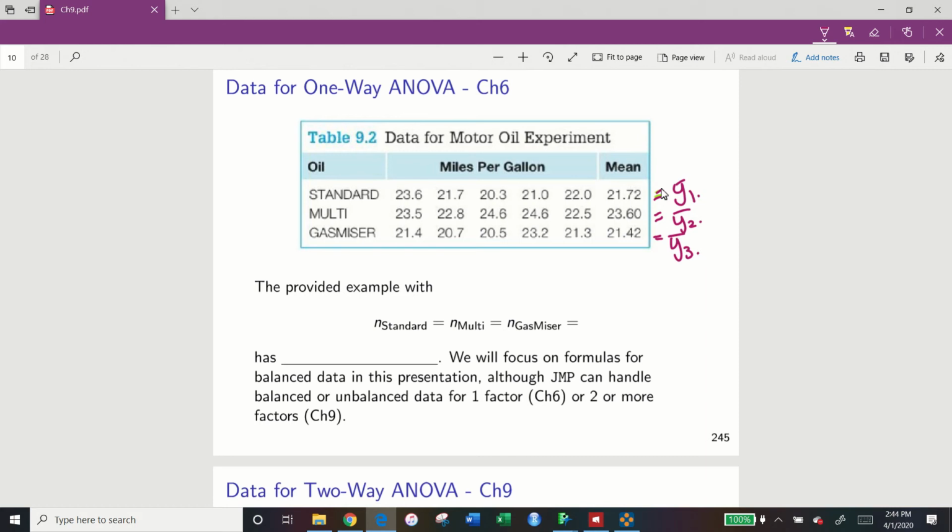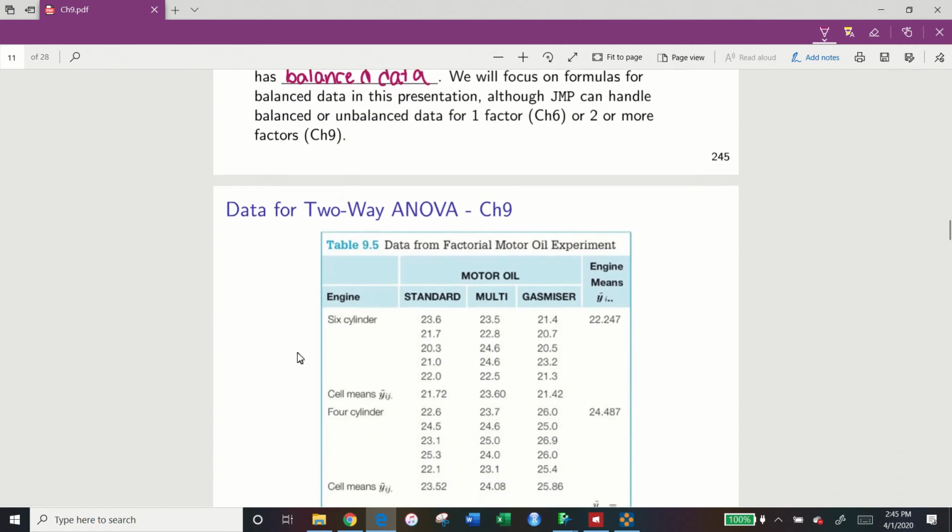And in this provided example, we can notice that the sample size for standard oil, for multi-oil, and for the gas miser oil were all 5, meaning that this is a balanced design, or we have balanced data. We will focus on formulas for balanced data in this presentation, although JMP can handle balanced or unbalanced data for 1 factor or 2 or more, or any other statistical software you may choose to use.